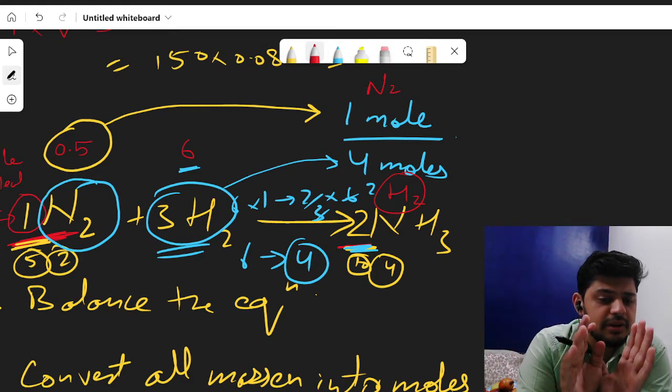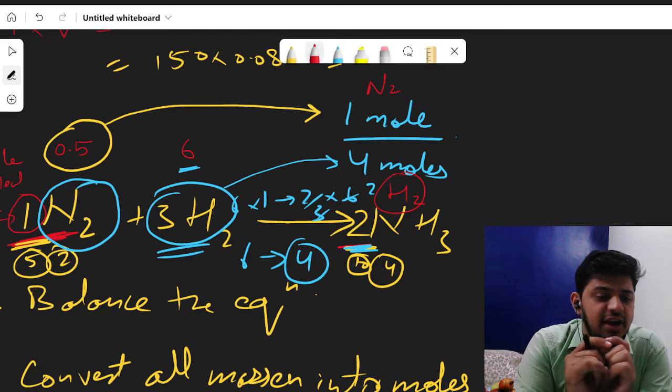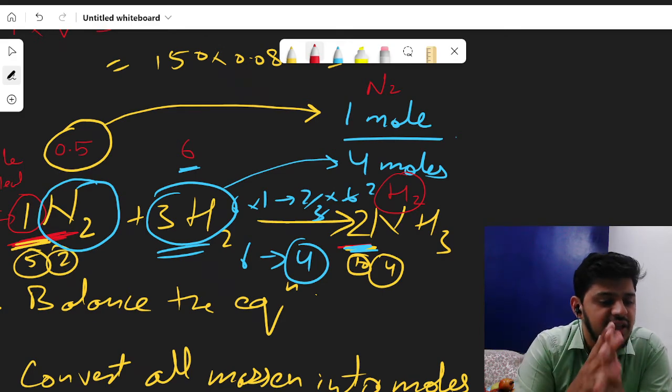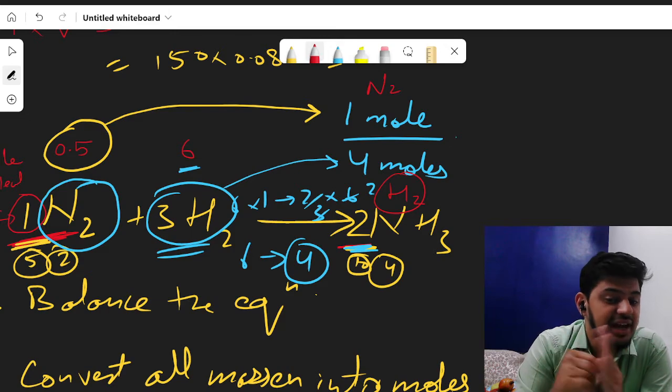Okay. Now I got the point that whoever makes the smaller amount of product will be the limiting reagent. Now I got 1 mole of ammonia.